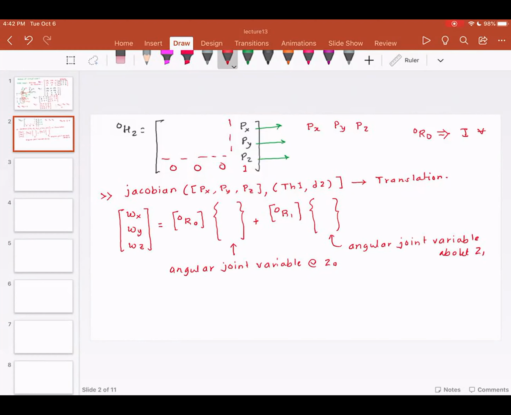So this is the process that we are going to follow. This is a simple problem, so it should be fairly straightforward.